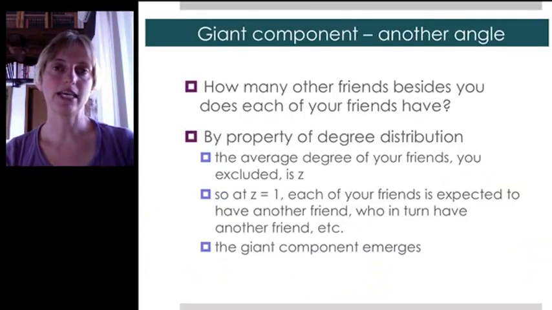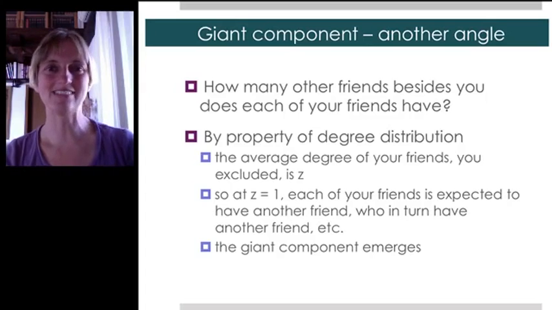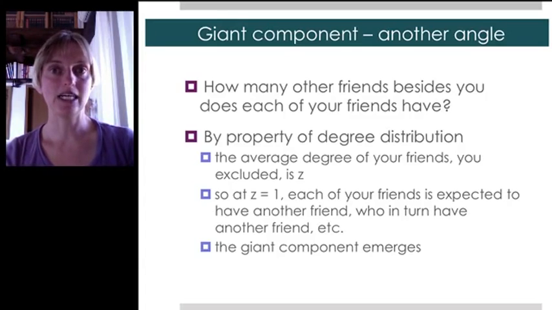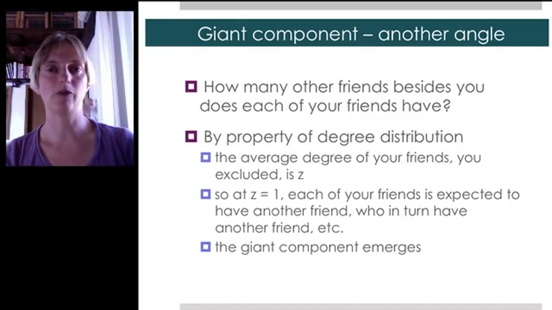Another way of looking at this, which is interesting from an epidemiological perspective, is that you want to know how can the disease spread through the network. If people are connected, even if it's through several hops, it means that theoretically the disease could spread from person to person to person.